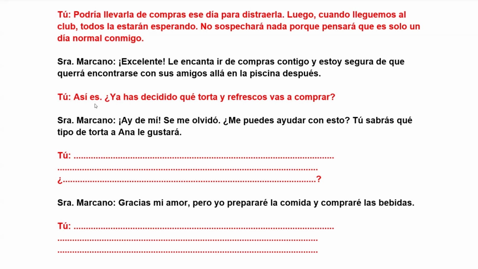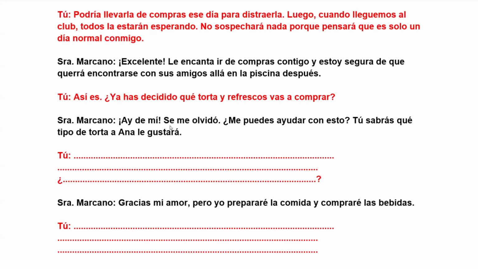And así es is a response to what Mrs. Marcano said here. So we give this response, okay? This part of the response is related to what she says here, and this part of the response is related to what is said here.